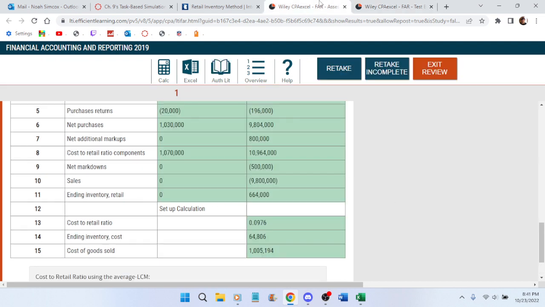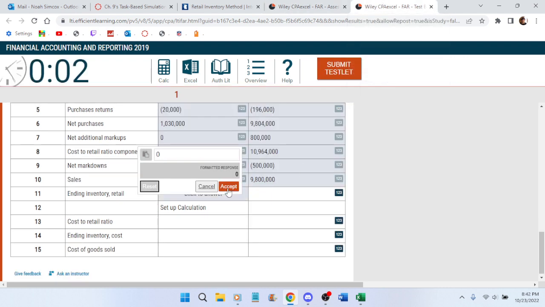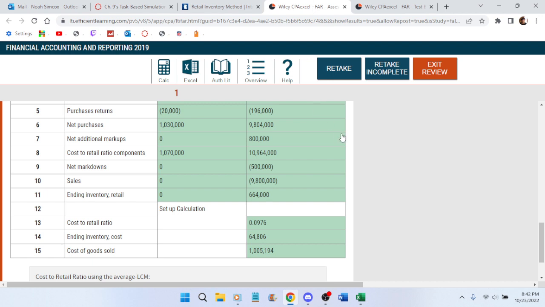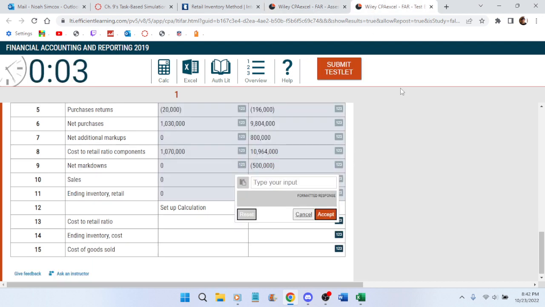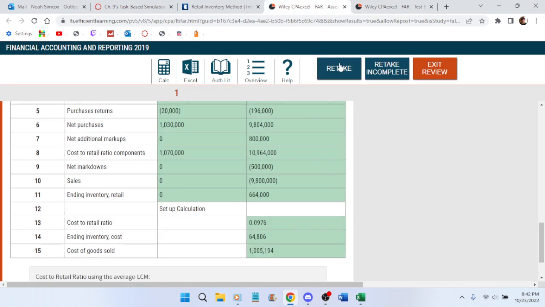Ending inventory retail is 0 and 664,000. Cost retail ratio is 0.0976. And the ending inventory at cost is 64,806.